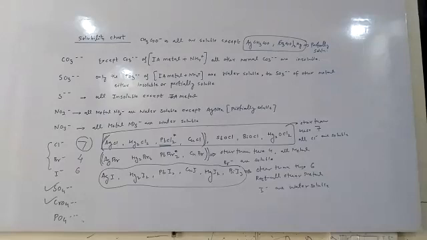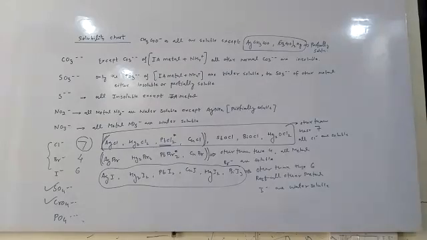The primary phosphates of alkaline earth metals are soluble. The secondary and tertiary phosphates of alkaline earth metals are sparingly soluble. So for phosphate, just remember sodium, potassium, rubidium, cesium and ammonium: these phosphates are water soluble.